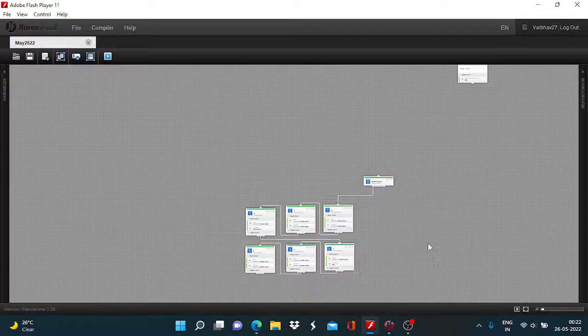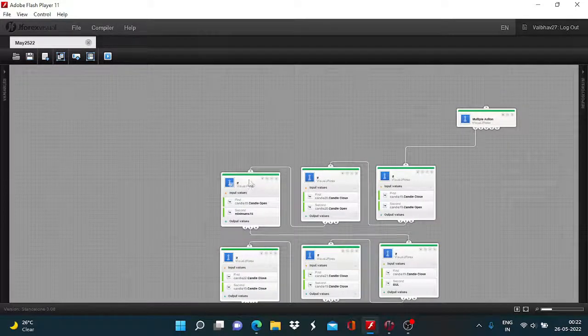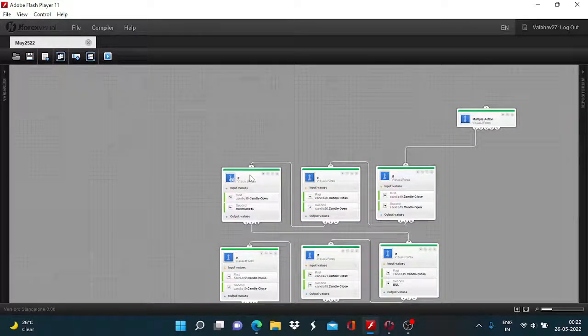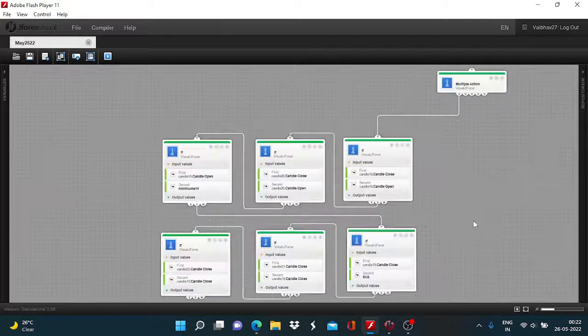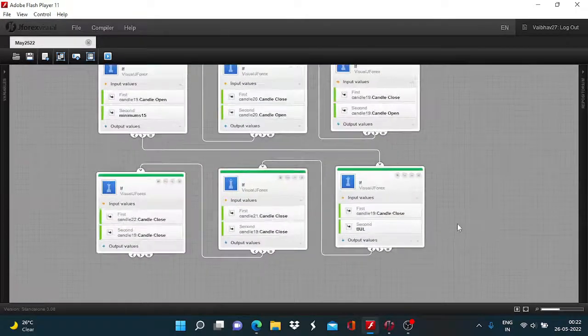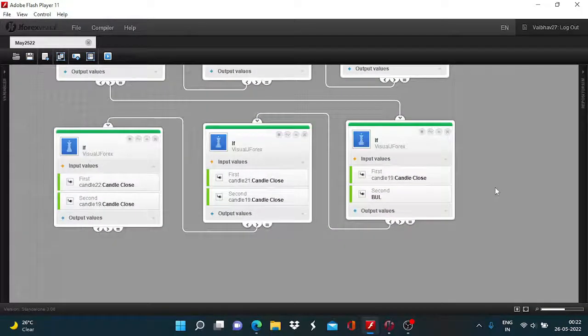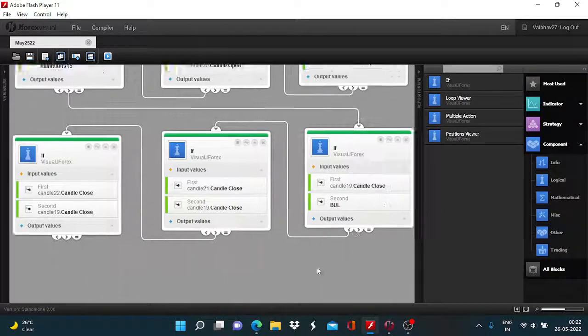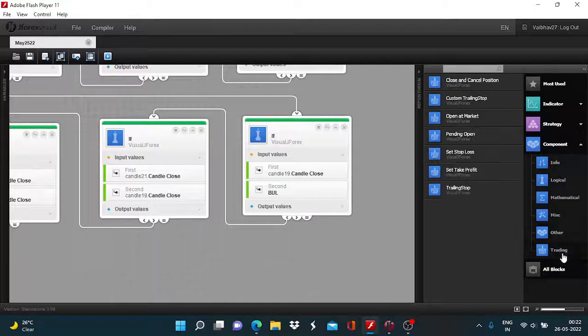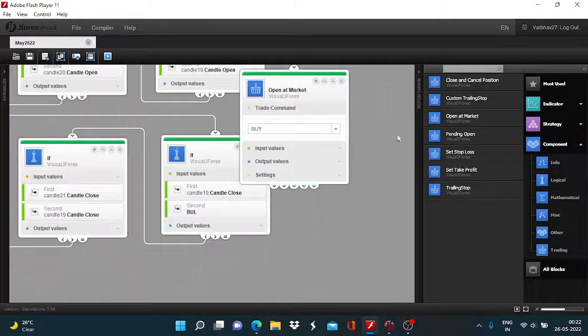And then we bring in the trade command block. For that, there is going to be a market open trade. So open at market.